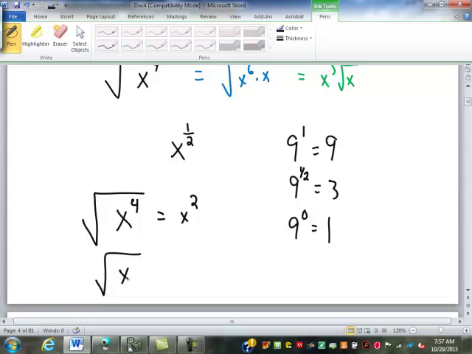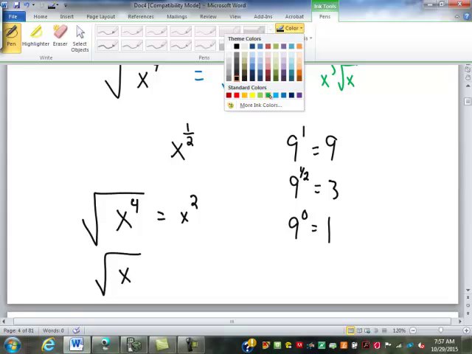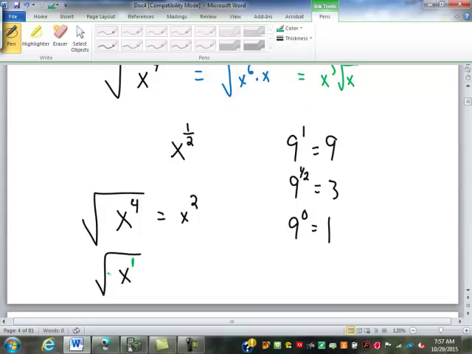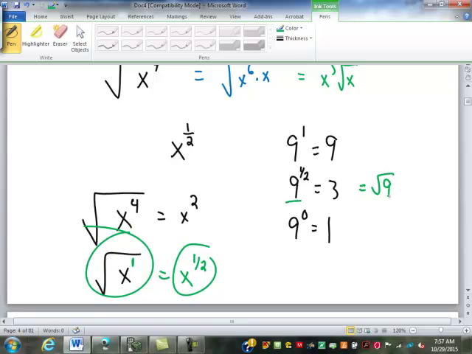So if I did the square root of x, that's the power of 1, right? So divide the power by 2. What's 1 divided by 2? 1/2. X to the 1/2 is the same as the square root of x. 9 to the 1/2 is the same as the square root of 9.